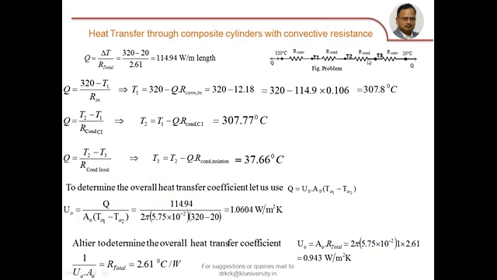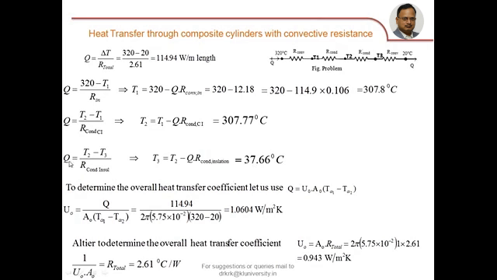Now because the insulation has very poor thermal conductivity, it offers more resistance. You can see a drop in temperature from T2 to T3, 307 to 37, a very large drop because of its poor conductivity.